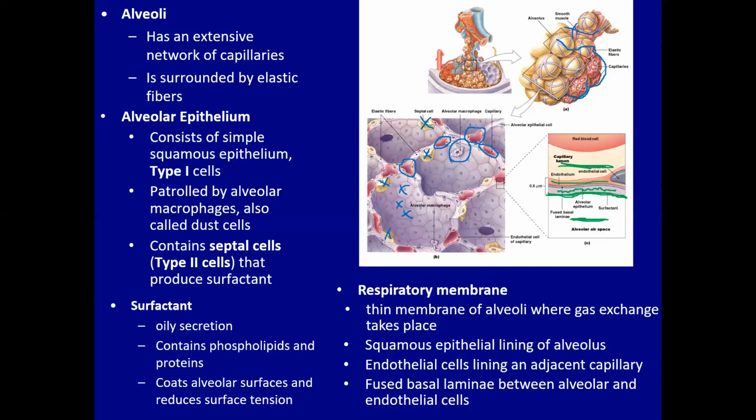It's an oily secretion that has different things, phospholipids and proteins. And the whole purpose behind having surfactant is that it reduces surface tension. All right, so let me give you an example of surfactants and the reduction of surface tension.